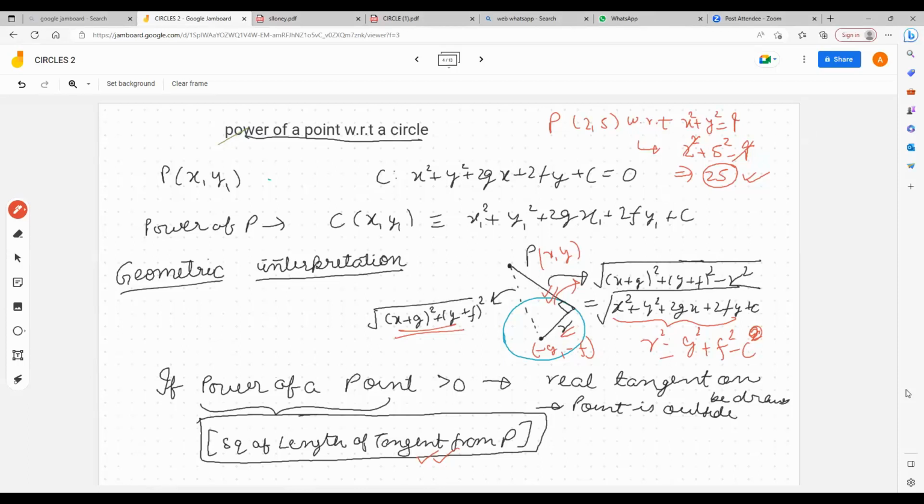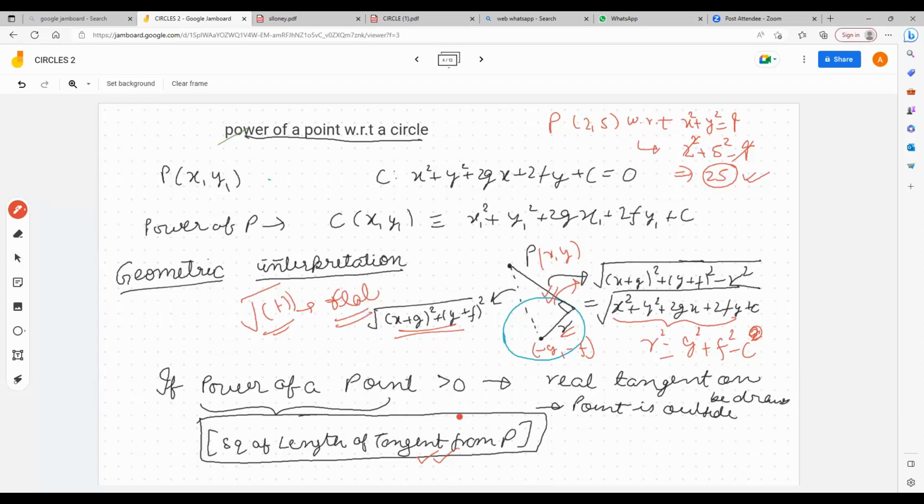So if the power of the point is greater than 0, then we can say that the tangent distance is the square root of some positive quantity. This implies that it is something real, and if it is real, then a real tangent can be drawn and the point is outside. So you are getting what I am trying to say.